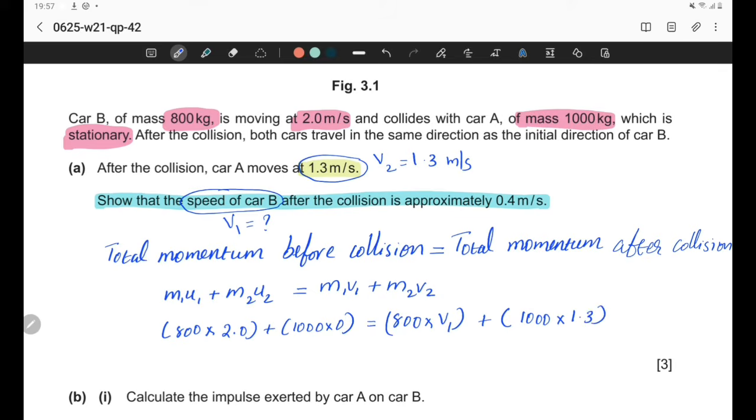Now we have all the values, only unknown value is v1. So we can make v1 the subject and calculate its value.